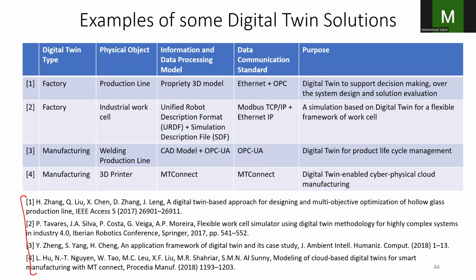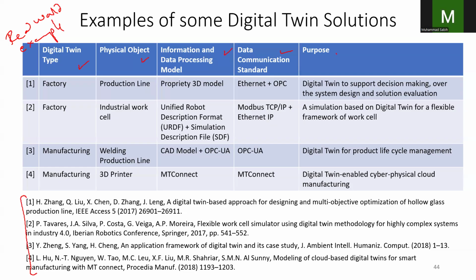Each row shows one real world example: the object model, the type of digital twin, the application, physical object, information, data processing, data communication standards, and the purpose.